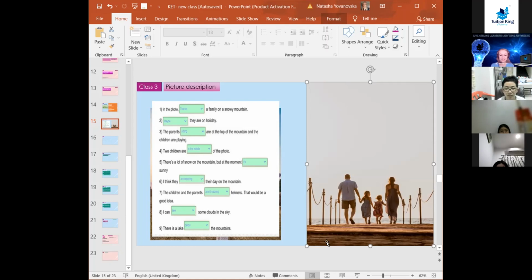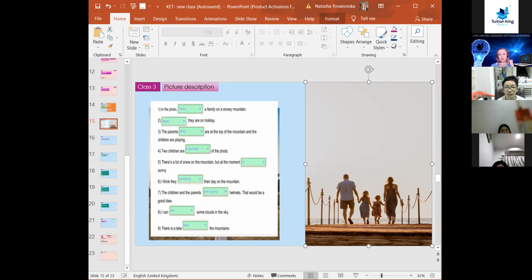There is a sea. The weather is cloudy. Anything else we can say? No, that's it. Okay, good.